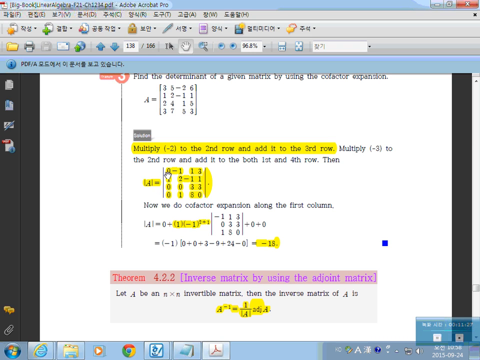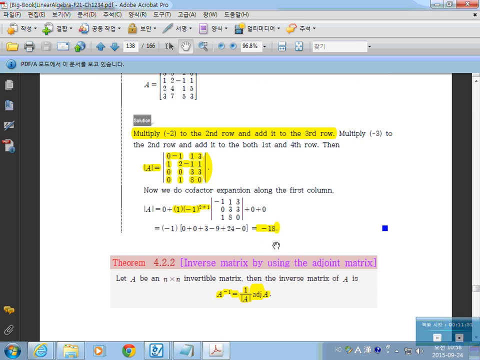If we do the cofactor expansion on the first column, the determinant of A is just finding, delete this first column and second row, and we have a 3x3 matrix. So finding the determinant of this 4x4 matrix is almost the same as finding the determinant of this small size matrix, which is minus 18. So that's the key idea.